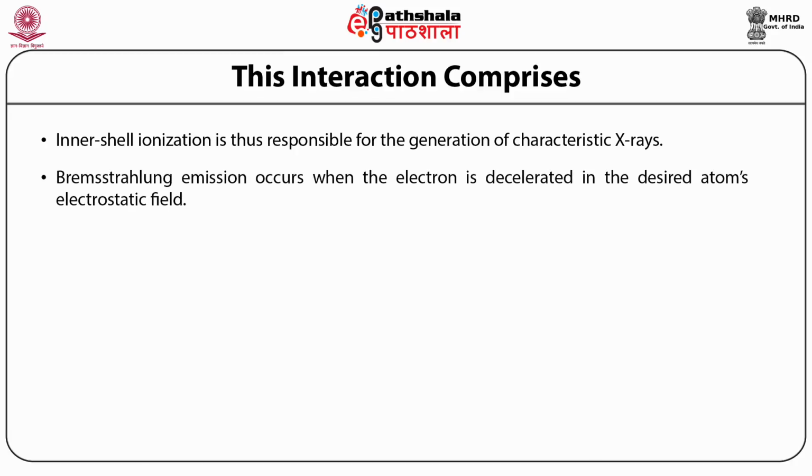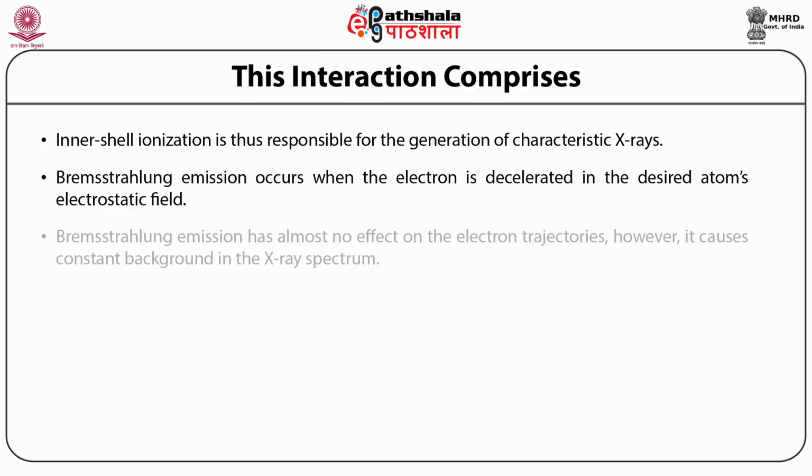Bremsstrahlung emission occurs when the electron is decelerated in the target atom's electrostatic field. Bremsstrahlung emission has almost no effect on the electron trajectories. However, it causes a continuous background in the X-ray spectrum.